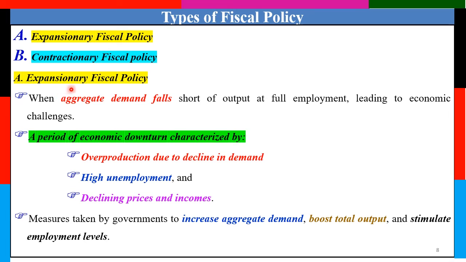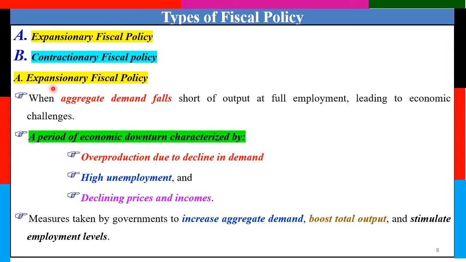The first one is expansionary fiscal policy. The government undertakes the expansionary fiscal policy when in the economy the aggregate demand has failed. If the aggregate demand fails or declines in the economy, the government prepares the fiscal policy.